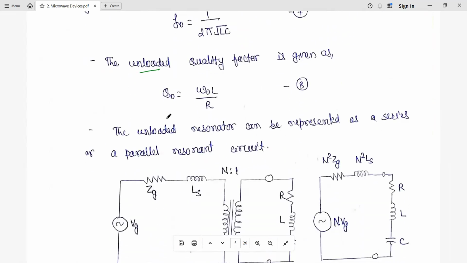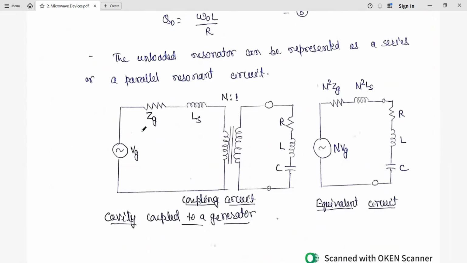You will be aware of this in other subjects like analog electronics also. Now here we have the equivalent circuit diagram of the unloaded resonator, which can be represented with the help of series as well as parallel resonators. Both combinations we can see. Here we have the generator side, and this side we have the load. This is the transformer, the turns ratio is N to 1.